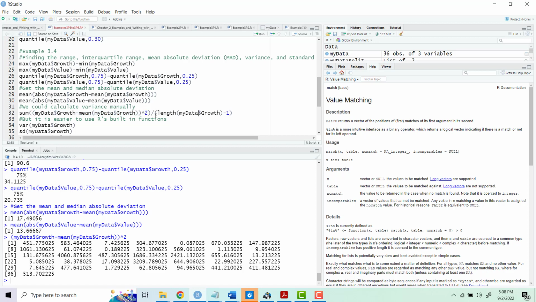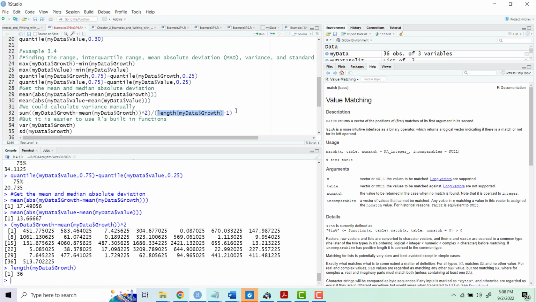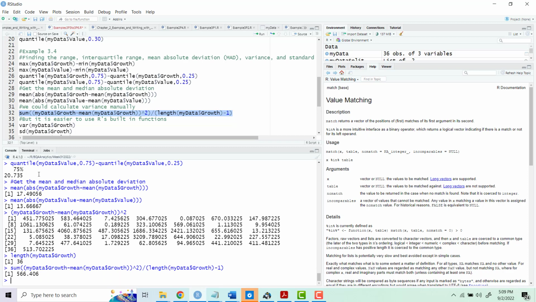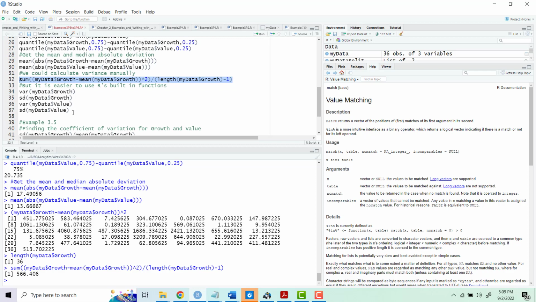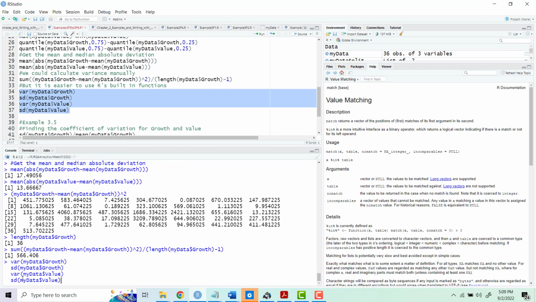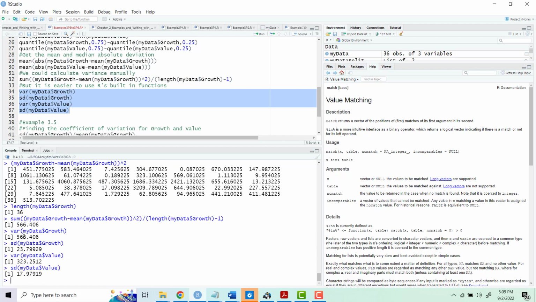If you divide the sum by the number of items minus 1, assuming we're calculating the sample, this gives you the sample variance. But of course, it's much easier to use R's built-in functions. We can just use the variance, which automatically gives the sample variance, or the standard deviation, which is the square root of that, and the same for the value funds.